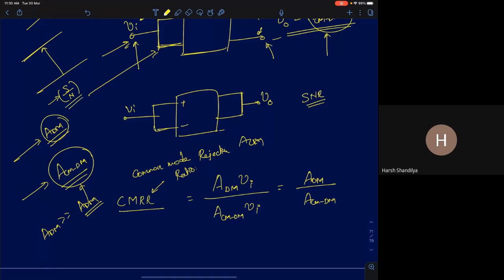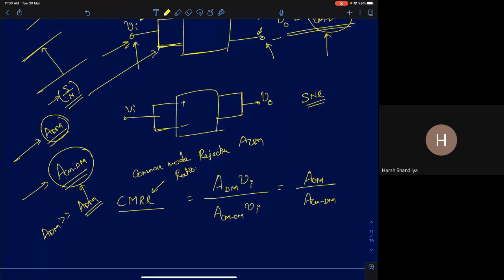So if you need to calculate signal to noise ratio, you need to know signal power and noise power. But CMRR doesn't depend upon signal level, only upon the gains. It's a property of the system itself.